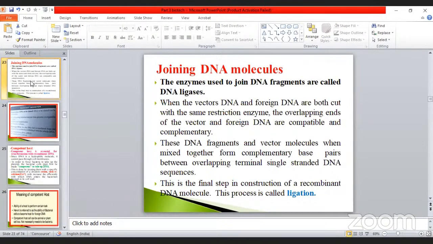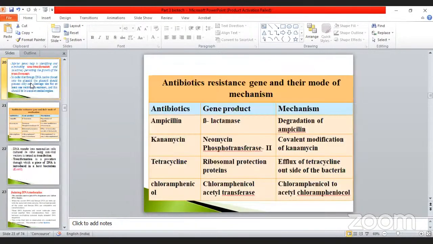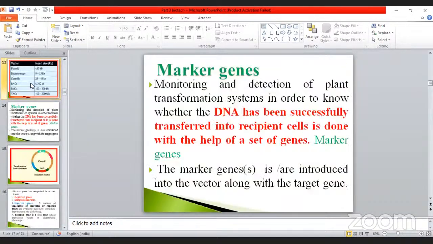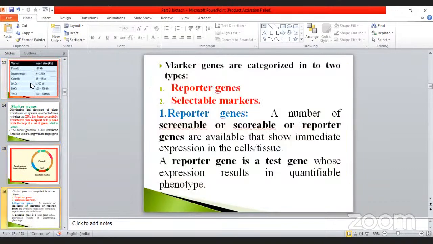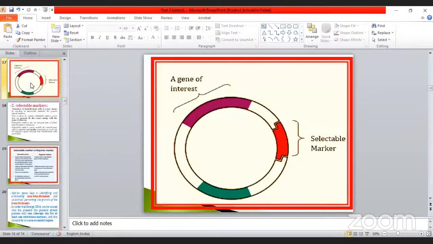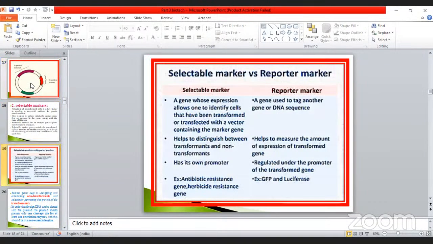These are the things already we discussed. Now what we discussed: what is a marker gene, how it acts, what are the types of marker gene, reporter gene and selectable marker, how it acts as a reporter gene, how it acts as a selectable marker, and the difference between selectable marker and reporter marker.